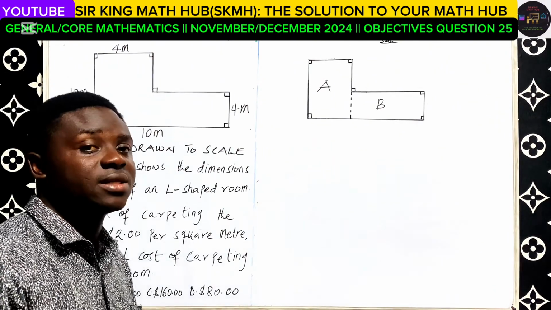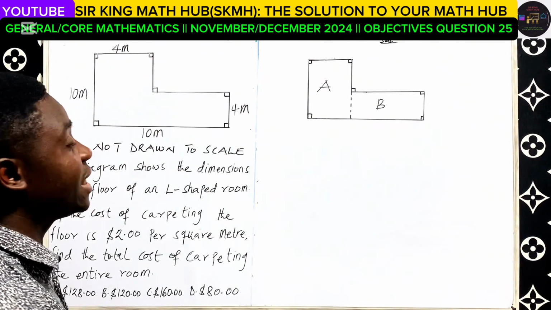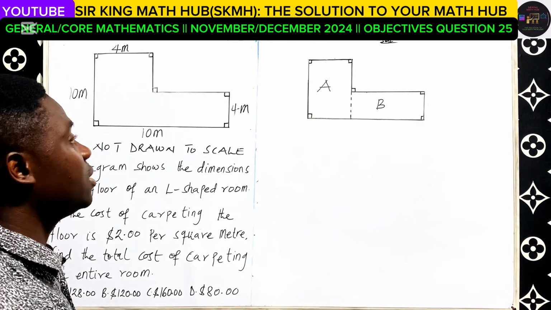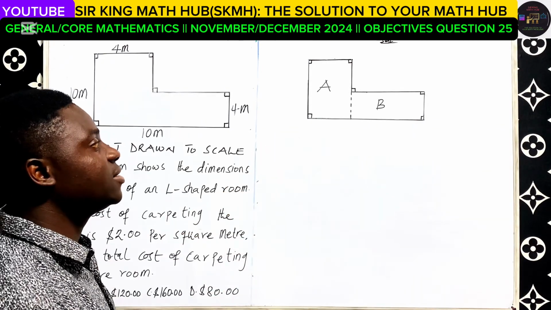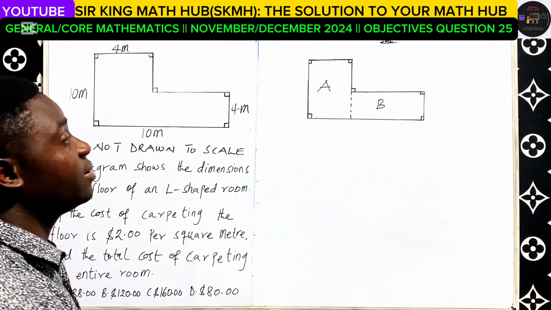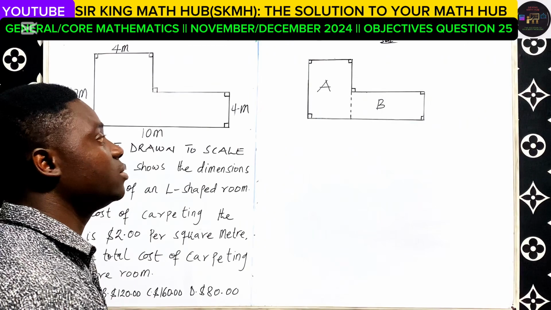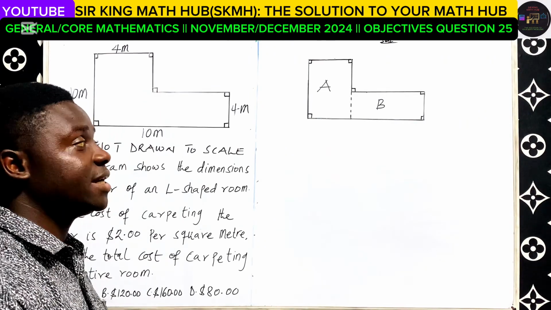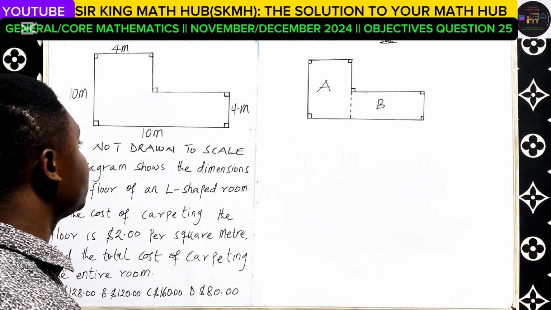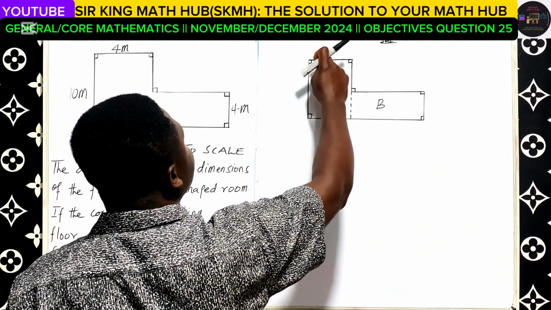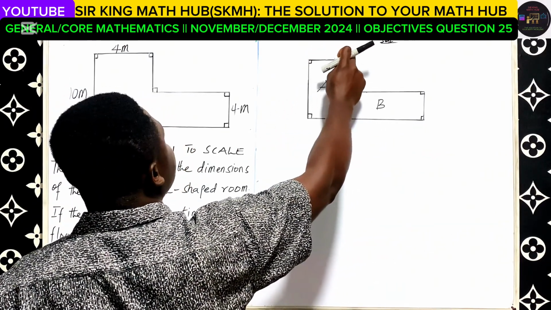Now the next step, let's consider the dimensions, because without the dimensions, we cannot find the area. After the division, we are getting two different rectangles, and to calculate the area of each rectangle, we need its dimensions. What is the length of this distance?